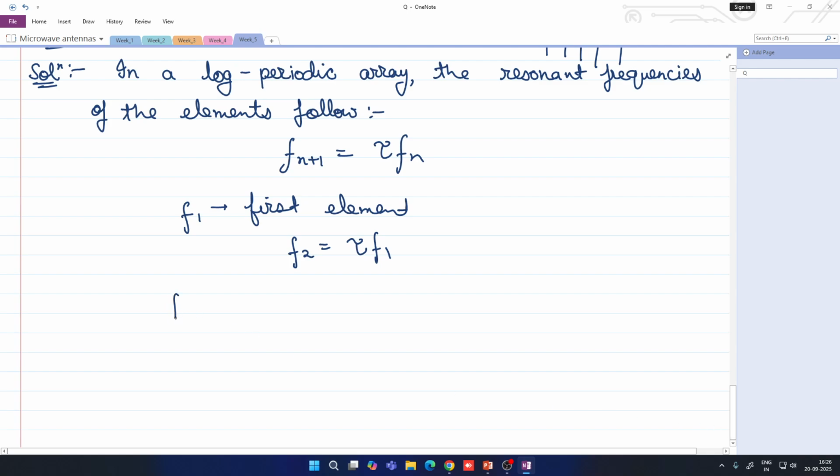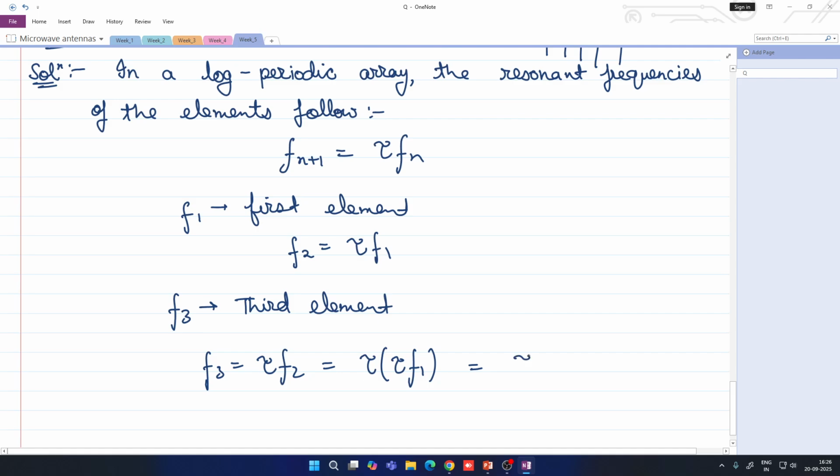and the resonant frequency for the third element is f3. So f3 will be tau times f2, and if we write it in terms of f1, f2 is tau times f1, which gives tau square f1. So now this is the required answer.